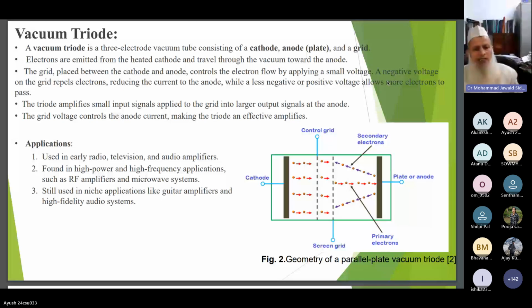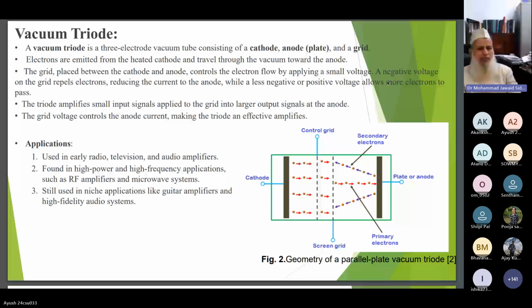So the vacuum triode, I told you, is similar to our transistors, BJT and MOSFET, which have three terminals. The vacuum diode we cannot use for application purposes, but the vacuum triode can be used as an amplifier. We can amplify the signal and we can transmit the signal.